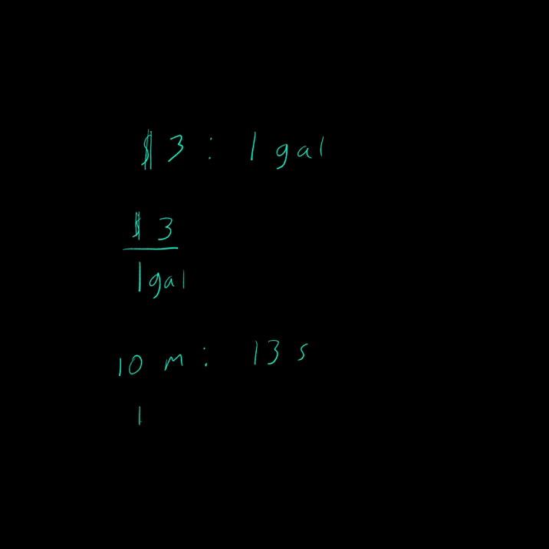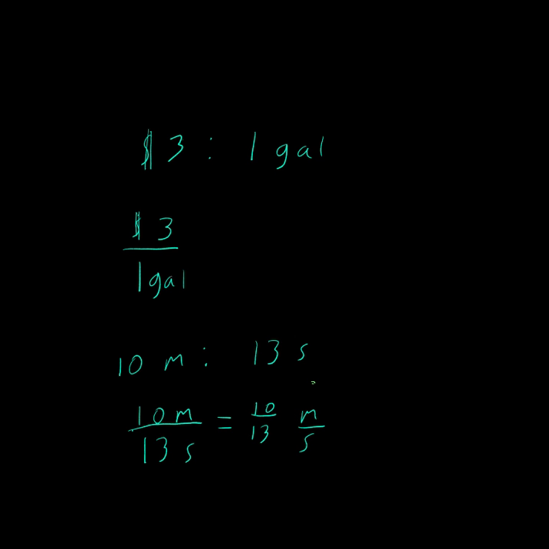And so we could write this out as 10 meters per 13 seconds. And sometimes you'll even see where we will somewhat simplify this to 10/13 meters per second. Something like this is quite common to see.